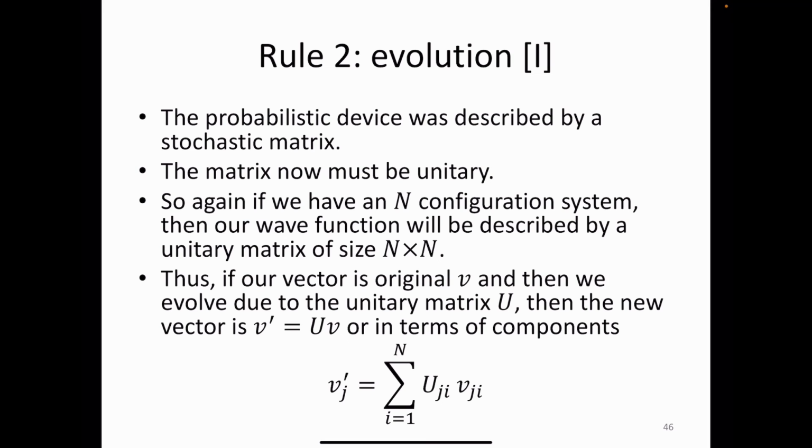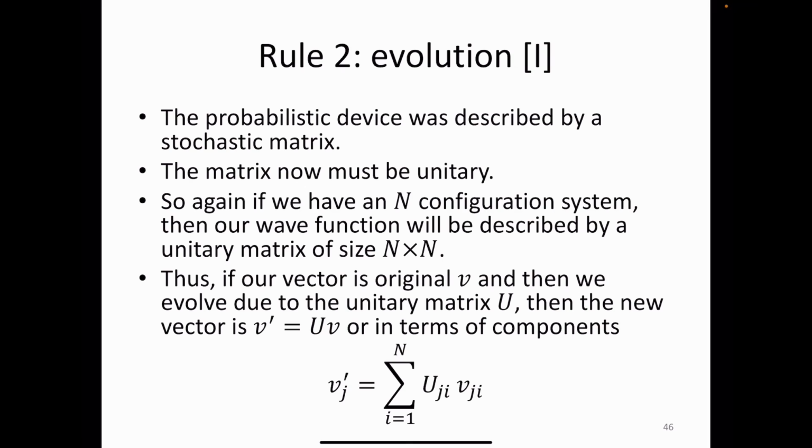Now let's look at the second rule. The probabilistic device was described by a stochastic matrix, and the matrix now must be unitary. As we learned before in quantum theory, that requires that we use unitary operations, and so the matrix that we use for evolving our system must also be unitary. Again, if we have an n configuration system, then our evolution will be described by a unitary matrix of n times n.